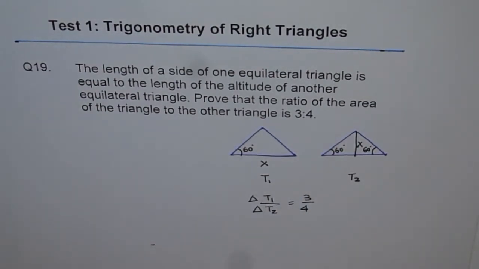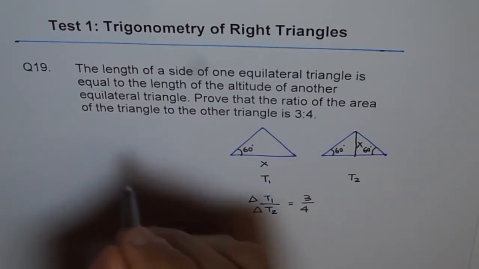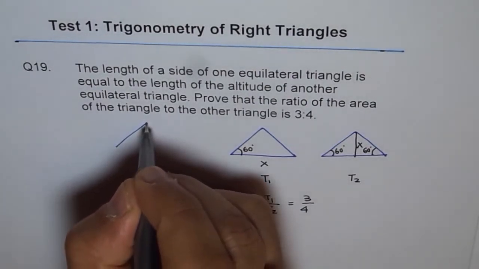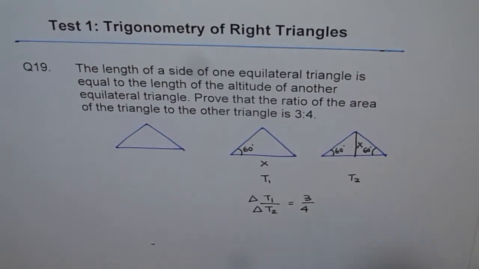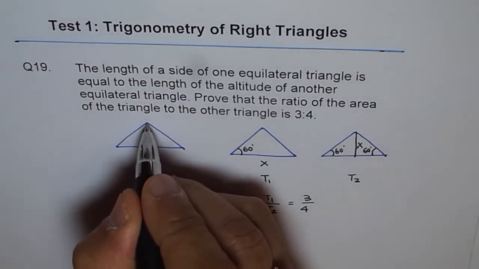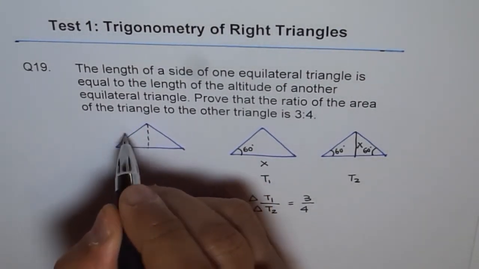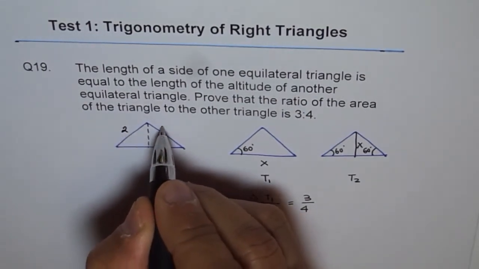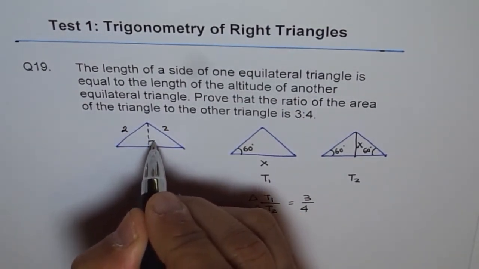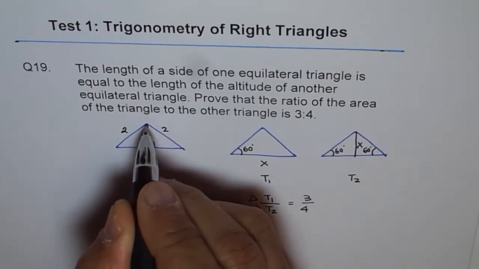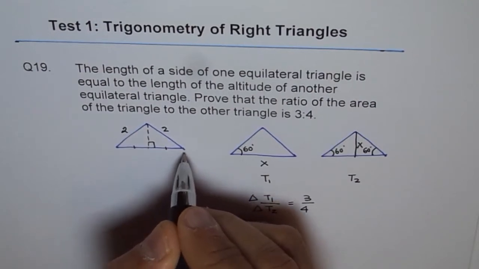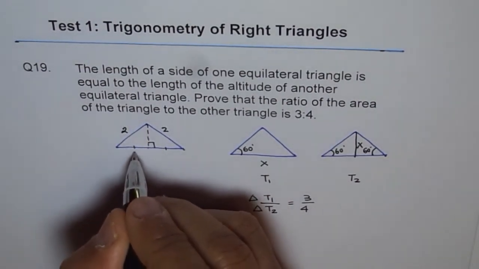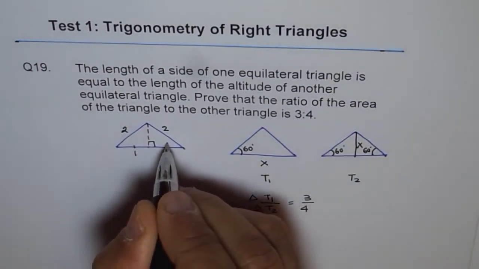Now the hint here is, let's consider a general equilateral triangle. Let me draw one for you here, and we'll give you two different approaches to that question, right? Let's say we have an equilateral triangle here, and let's say the sides are 2 each. Then this perpendicular bisector, rather the altitude, will bisect this side into equal parts, since it is an equilateral triangle. So each part will be 1, right?